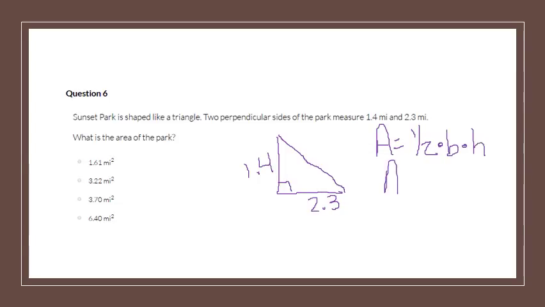Okay, it does not matter which is base, which is height. So I'm just going to multiply those through. Okay, and I do get that the area is 1.61 miles squared.